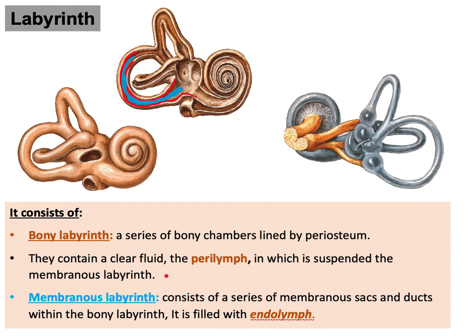So as I mentioned, the membranous labyrinth is a series of membranous sacs and ducts located within the bony labyrinth. I mean, let me draw it. Located here inside the bony labyrinth, and as I mentioned, inside it there is a clear fluid called endolymph.